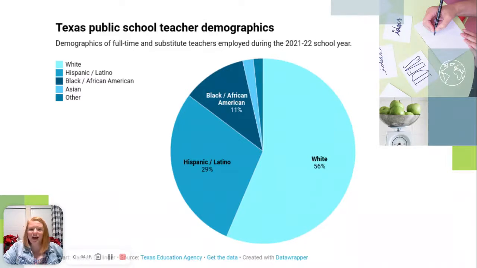Now, I'm not saying that's a bad thing. We can't really control what our skin color is, but there's a huge disparity between where our students are at and having the staff on campuses reflect their own cultures.